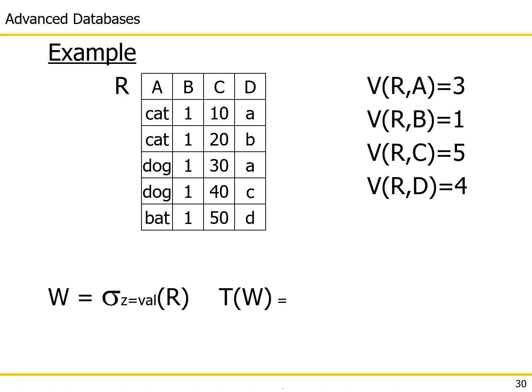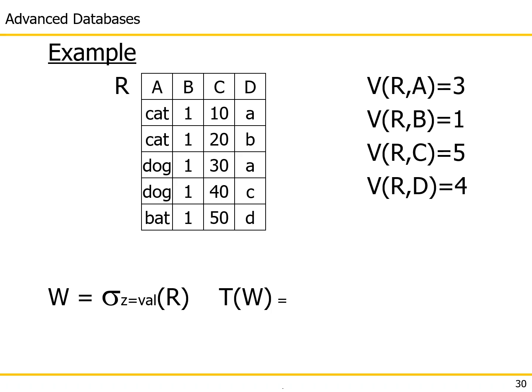If I was querying this column and val was cat, it would have been 2. If val is dog, I would have got 2 rows in my result set. And if val was bat, then the result set size would be 1.